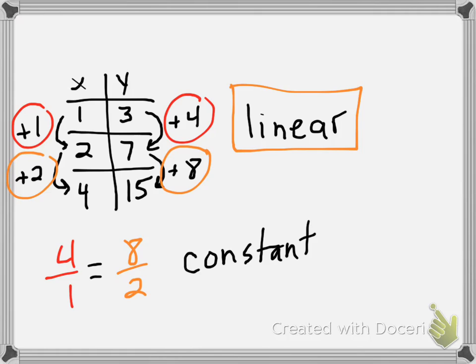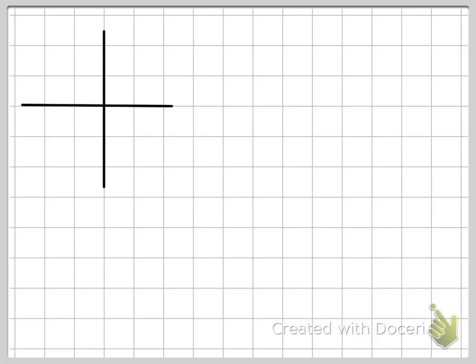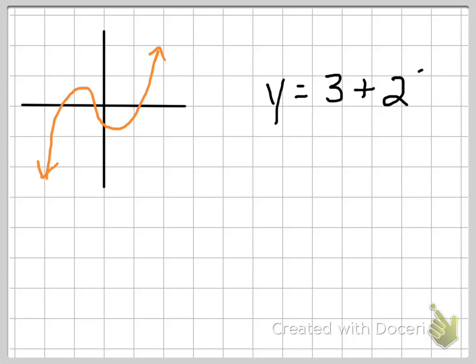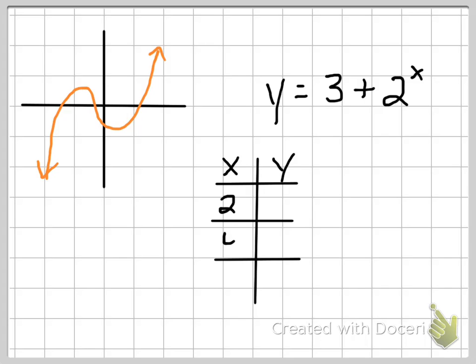So, by now, you should be able to identify whether a function is linear or nonlinear. And you can do it 3 different ways. You can do it from a graph, like this graph, or you should be able to tell from an equation, like this, or from a table, like this.